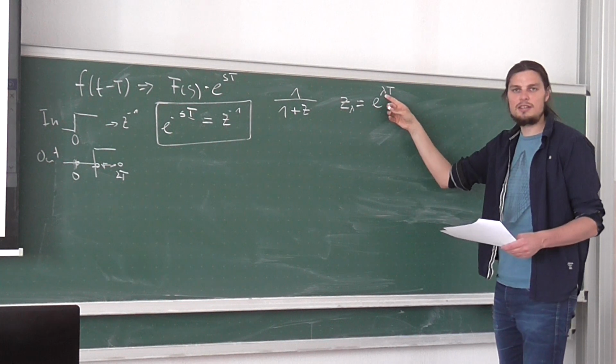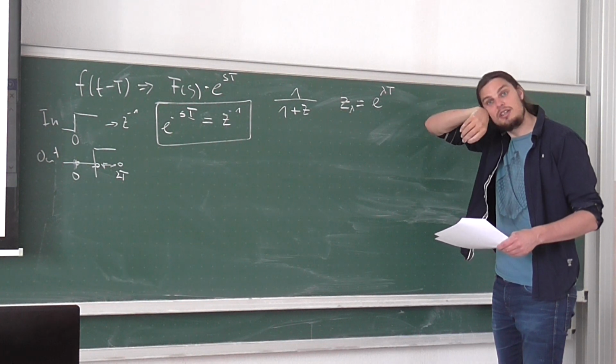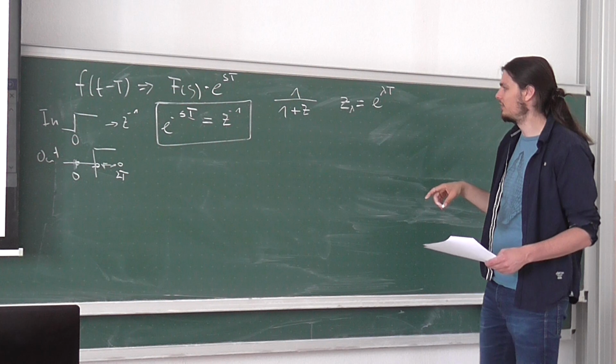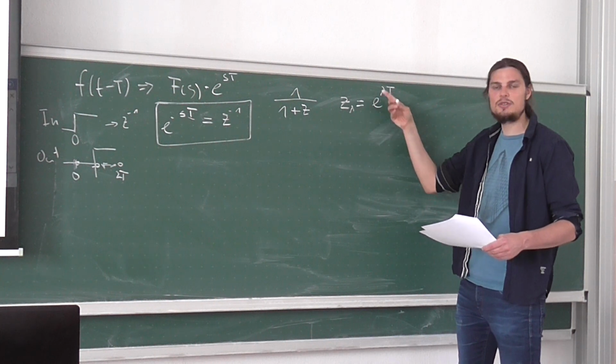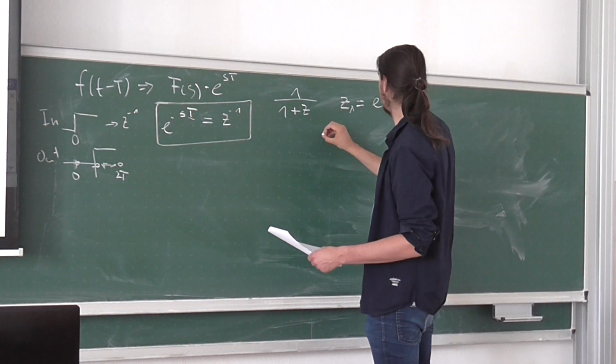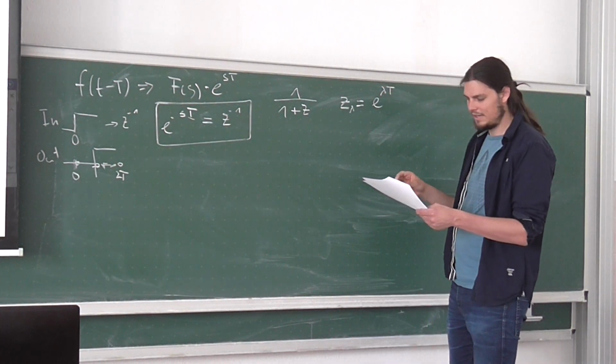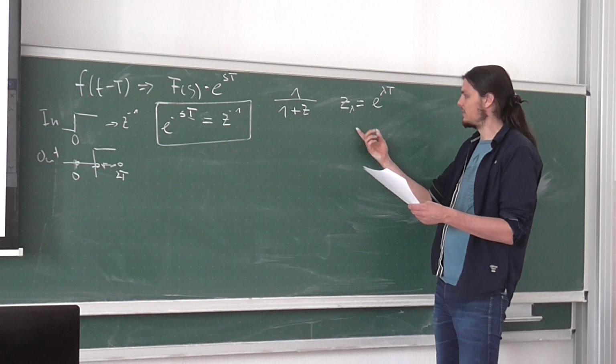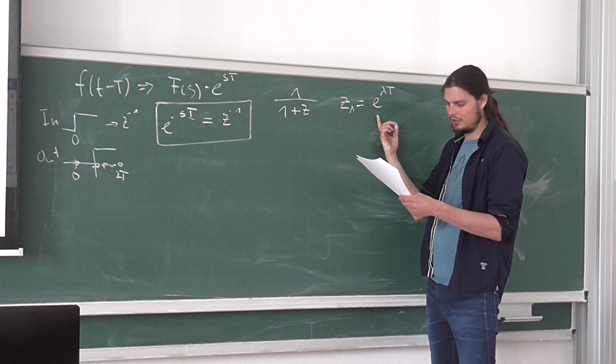So that's the pole that I would have seen in the continuous domain. This pole of minus 1 would be e to the minus 1t. And that's how we basically can describe where our pole is.